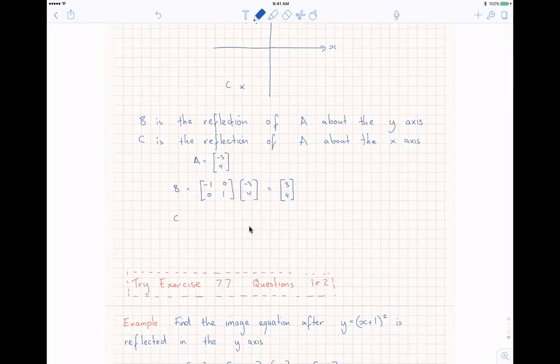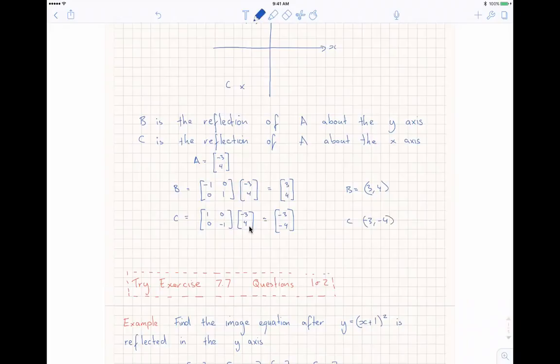For C, it's a reflection of A about the x-axis, so we use Mx. Multiply it by our original coordinates. And this time, if you multiply through, you should find that you get the point (-3, -4). So B is (3, 4), and C is (-3, -4).